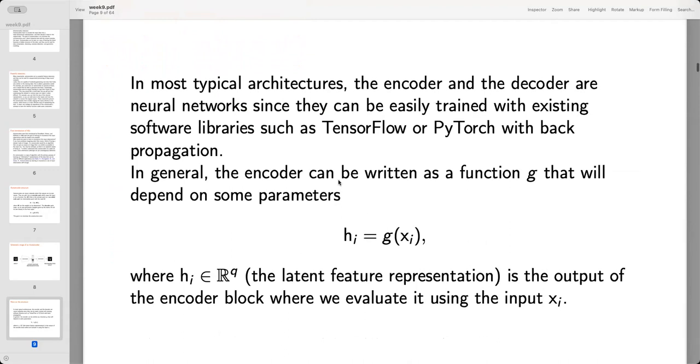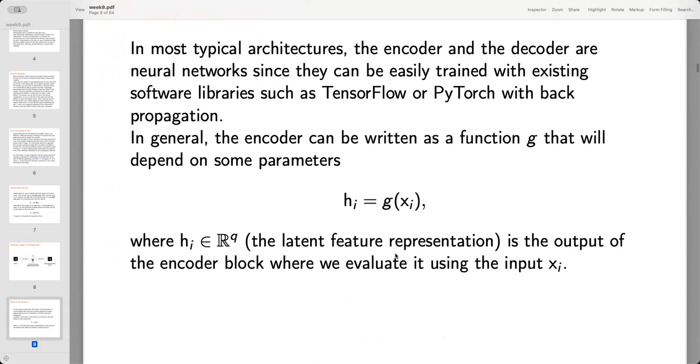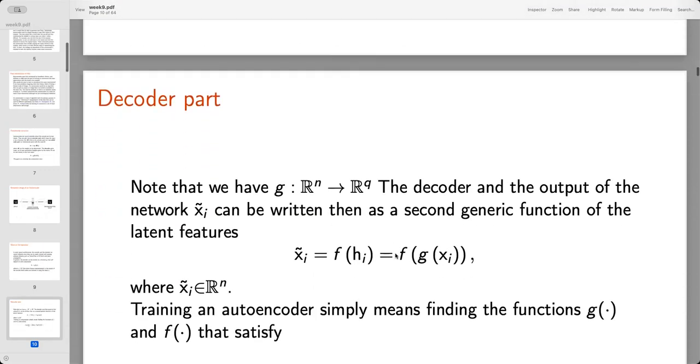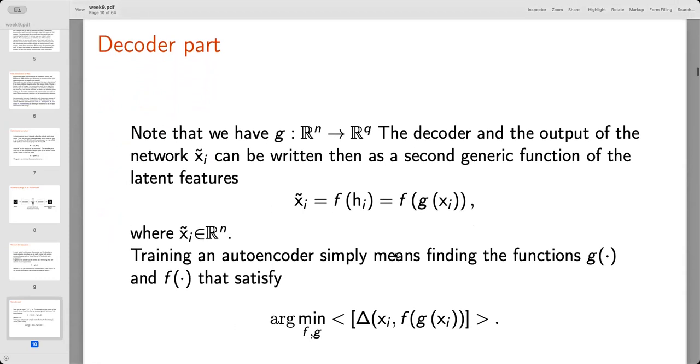And then, in general, as we said, the encoder can be written as a function that will be dependent on some parameters. And then the same thing applies to the decoder part. You have a new function which then can be used for the decoding part. The whole idea is now that these dimensionalities, Q and N, could be the same, but ideally Q should be smaller than N here.